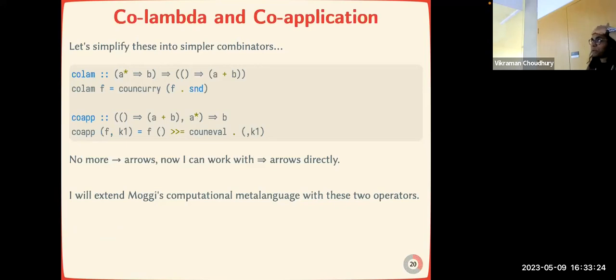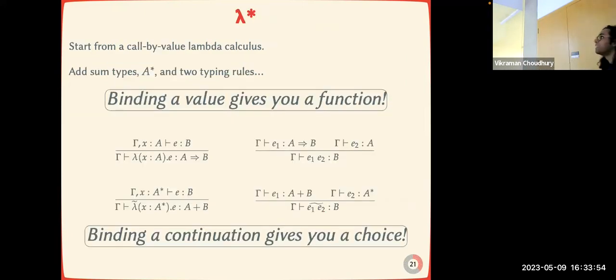Now, currying gives you lambda abstraction and lambda application, and you can use these co-currying combinators and turn them into binding operators. I write them as co-lam and co-app, just like lambda and application, but co-lambda and co-application. Since we're working inside a monad, you want to use a call by value framework like Moggi's computational meta language, and I extend it with these two operators. So this is the kernel language which has these dualities.